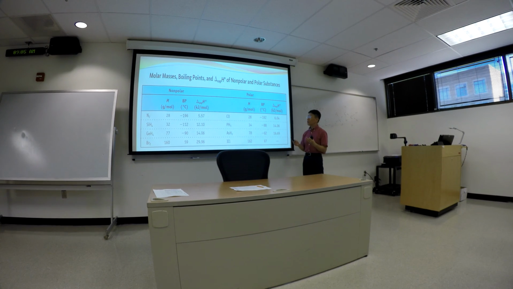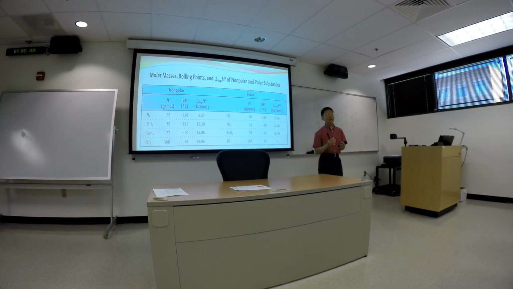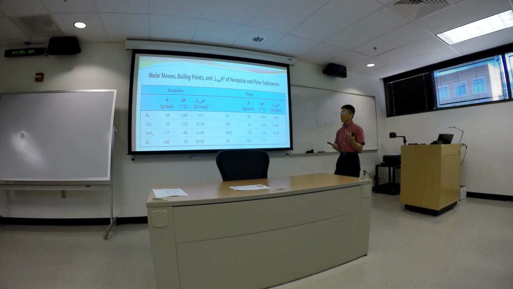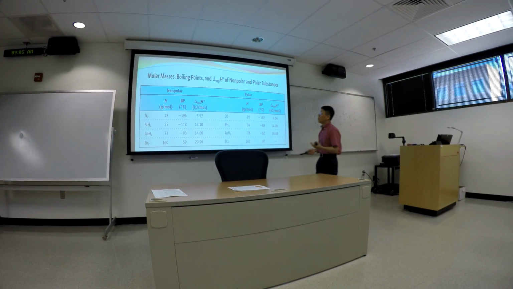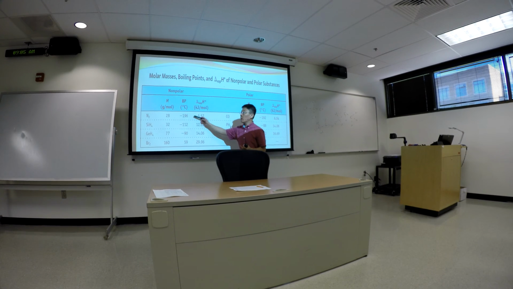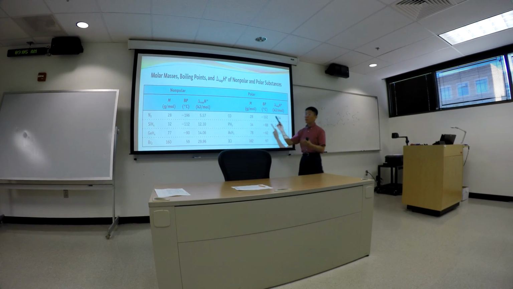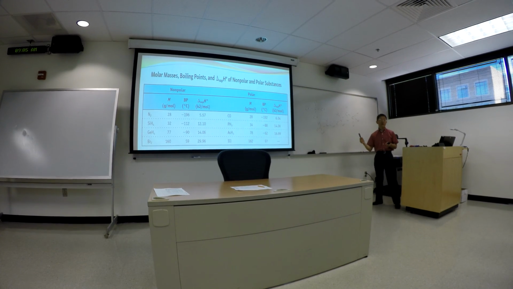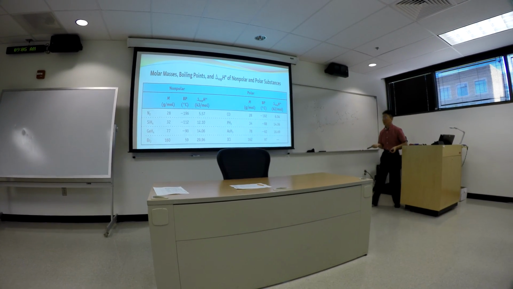Okay, so in general, if you're comparing nonpolar molecules, the bigger the molecule, the heavier the molar mass, the higher the boiling point. But if you're comparing between nonpolar and polar molecules, polar always has a higher boiling point.